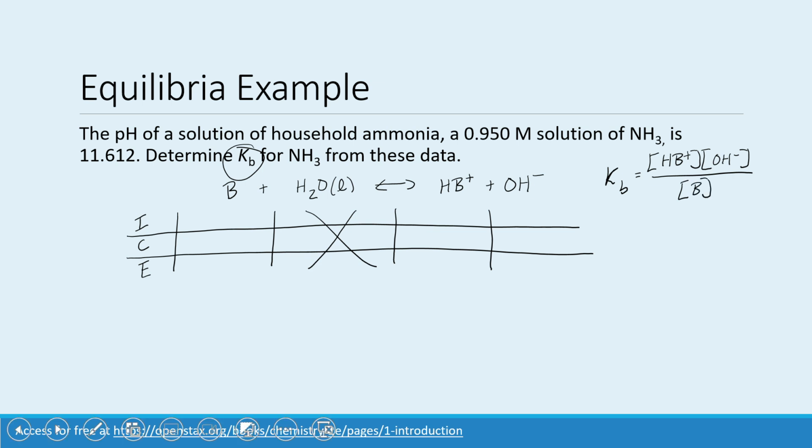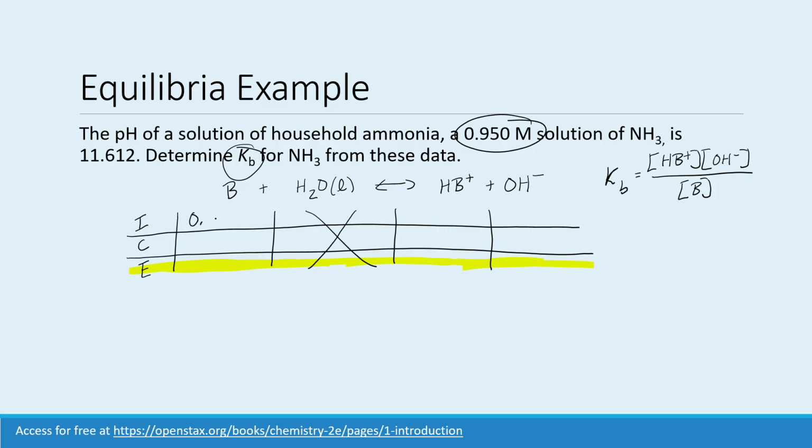And as before, we know that when we're using that Kb expression, we have to use the values that come from the equilibrium row. Okay, so filling in what we know, we've got the original concentration of the weak base.